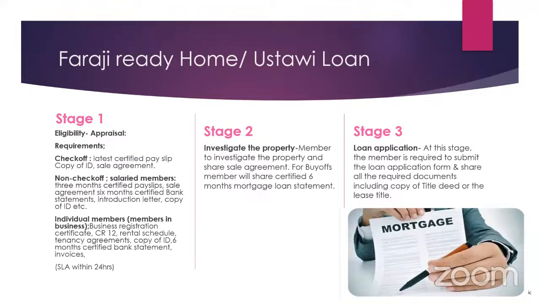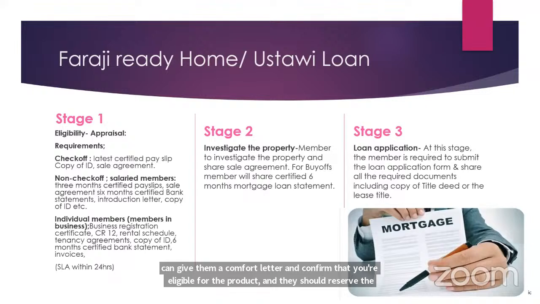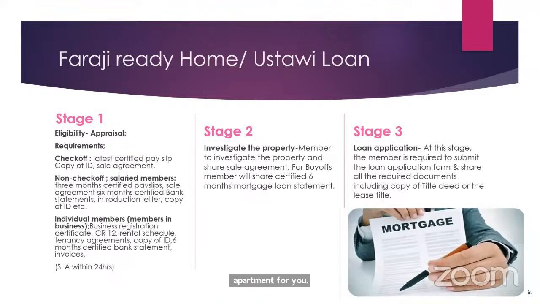So long as you have the sale agreement, we can engage the seller to issue an undertaking on condition that by the time you're starting the charge, the title should have been out. That can give them comfort. We can give them a comfort letter confirming that you're eligible for the product and they should reserve the apartment for you. But we'll be able to perfect the collateral once the subsectional title is out.